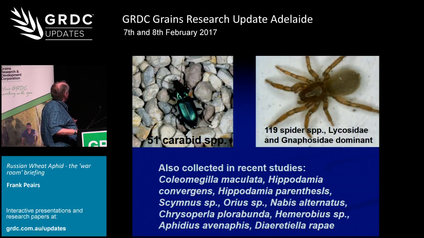And then in other biological control studies, we have collected a number of other species, and none of them are what I would call surprising. So these are the usual suspects that you would find associated with cereal aphids throughout the Great Plains. So our biological control participants are nothing out of the ordinary.